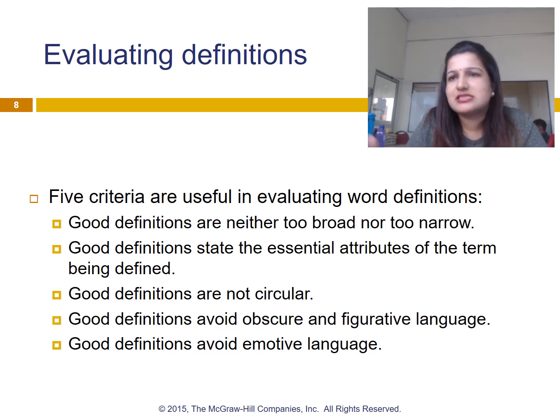And a bottle is definitely the most significant thing on earth. So when you give this additional information that contains a sort of preference, a sort of liking, it then becomes emotive. So a good definition should definitely avoid emotive language.